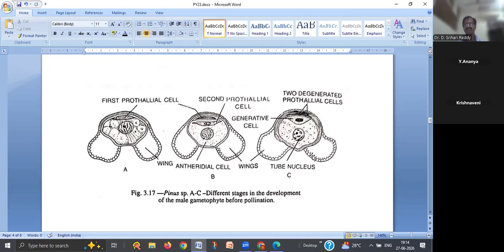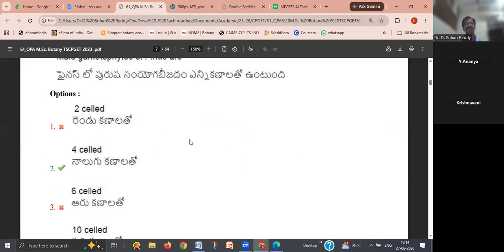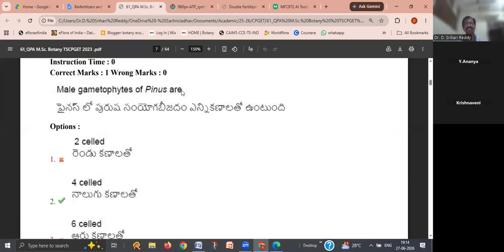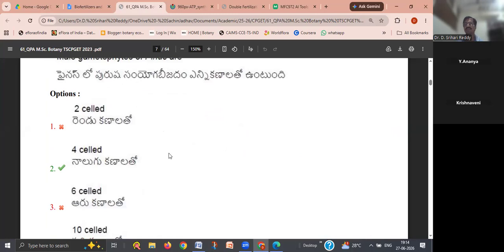So finally, at the mature male gametophyte before pollination, we see 4 cell stages: 2 prothallial cells, generative cell, and tube nucleus. So the right answer is 4-celled. Male gametophytes of Pinus are 4-celled at the mature stage. So that is the right answer.